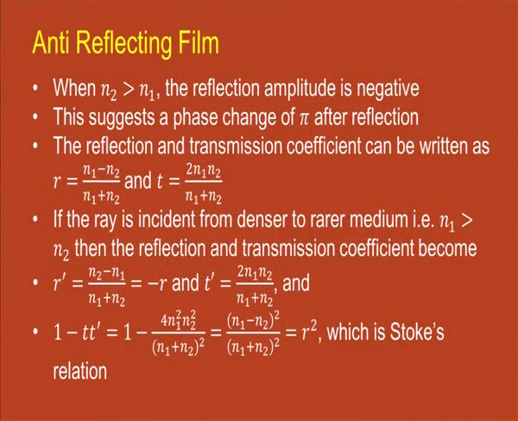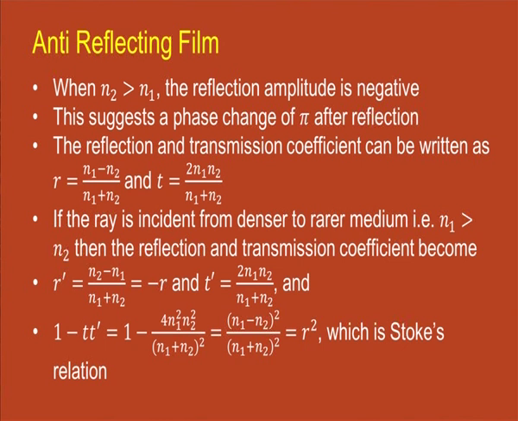Now, let us consider two conditions. In the first one, if N2 is greater than N1, then the reflection amplitude will be negative. This suggests a phase change of pi after reflection. The reflection and transmission coefficients can be written as R is equal to (N1 minus N2) by (N1 plus N2) and T is equal to 2 N1 by (N1 plus N2).